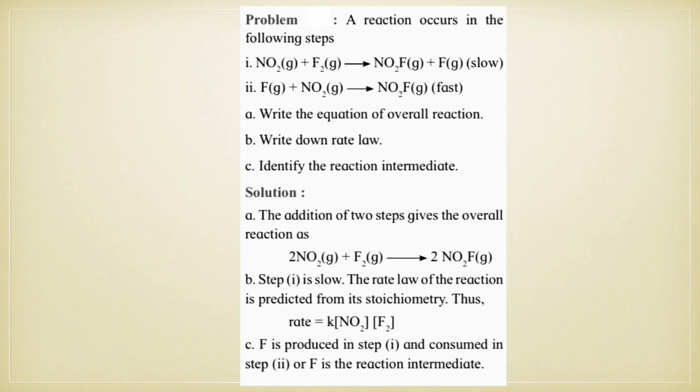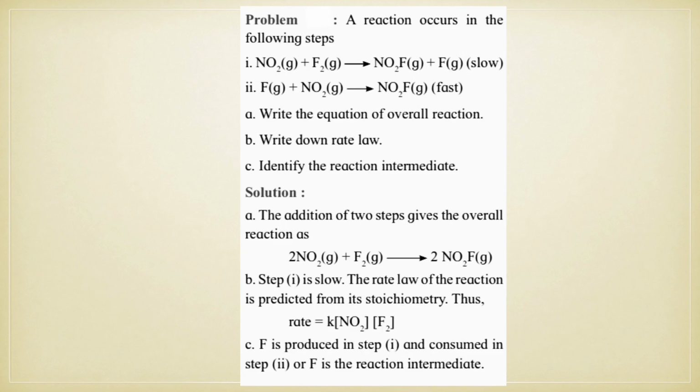And the last one, identify the reaction intermediate. What is the reaction intermediate? The one which is not there in the overall reaction, or simply the one which is produced in the first step and consumed in the second step.